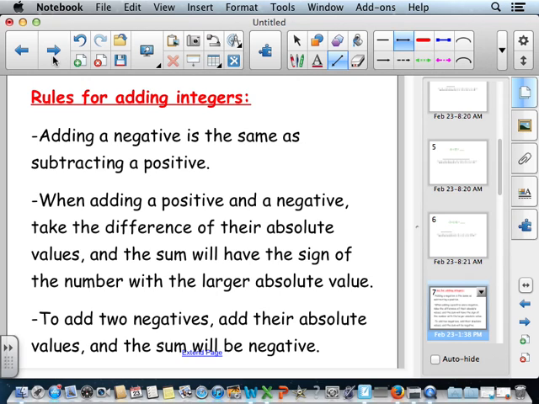Next I have, when adding a positive and a negative, you can take the difference of their absolute values, and the sum will have the sign of the number with the larger absolute value. Last I have, to add two negatives, you can add their absolute values, and the sum will be negative.